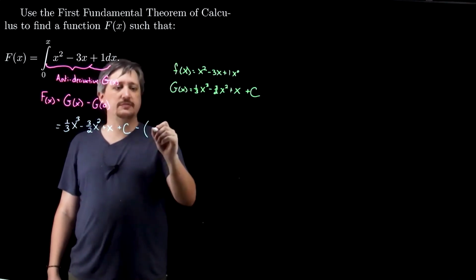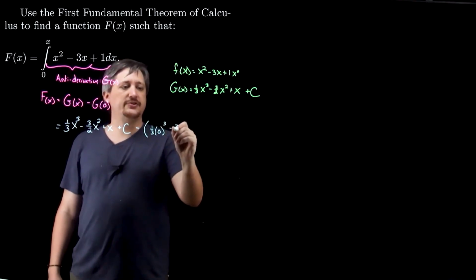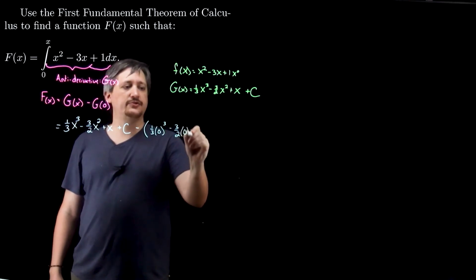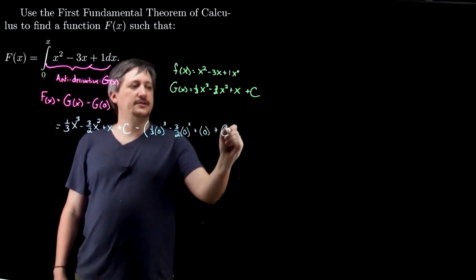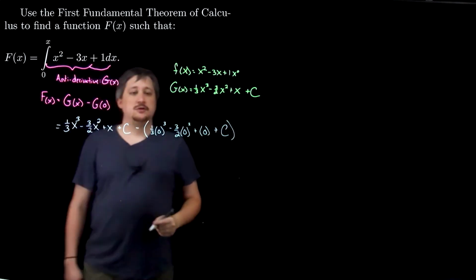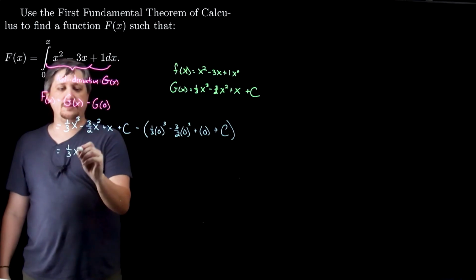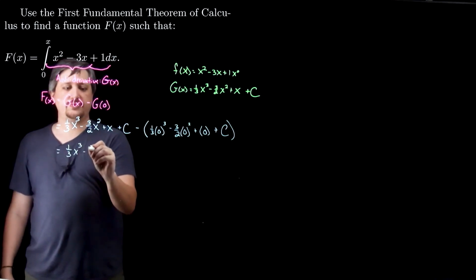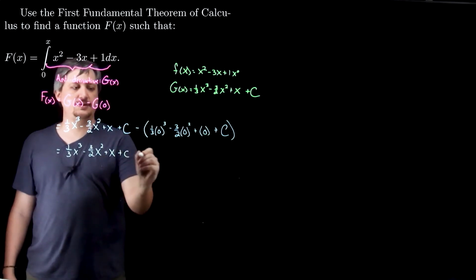G of 0 is 1/3 times 0 cubed minus 3/2 times 0 squared plus 0 plus C. Okay, so let's simplify this a bit.